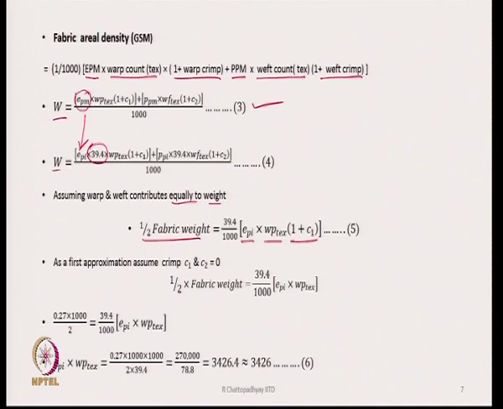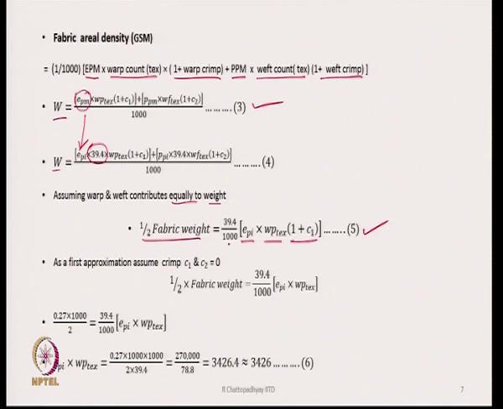That is, the contribution made by the warp is this, same will be the contribution made by the weft also. So, this is a kind of balanced fabric where both warp and weft counts are same and ends and pick densities are same. So, half the fabric weight will be equal to this, equation number 5.